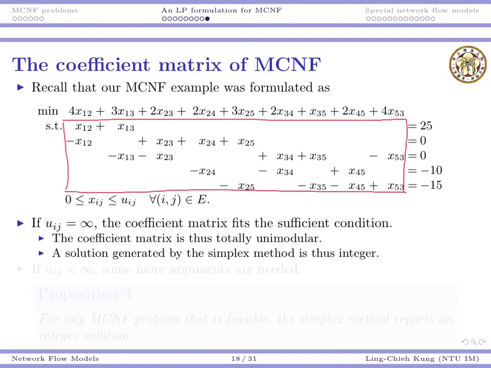Finally, we're going to divide rows into 2 groups, right? And what I'm going to do is the following. I'm going to divide rows like this. The supply nodes and the transshipment nodes are in one group, and the demand nodes are in the other group.